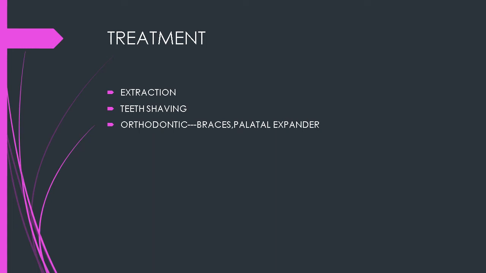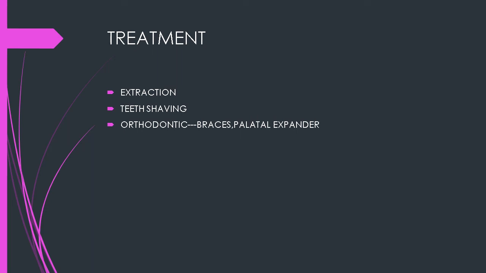Or you can do orthodontic treatment if the teeth are larger but acceptable. What is going on is that the jaw, the mandible or the maxilla, is of normal size, but the teeth are of larger size. They occupy more space, and because they require more space, they lead to crowding.